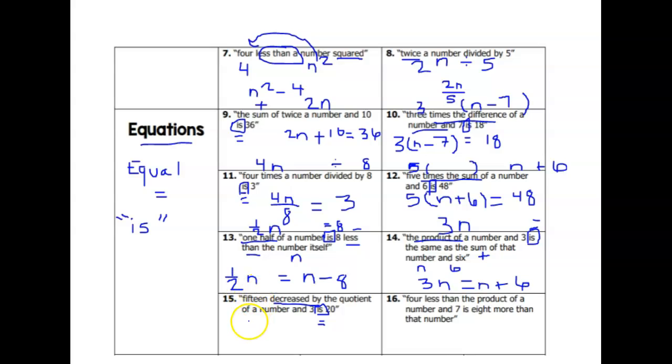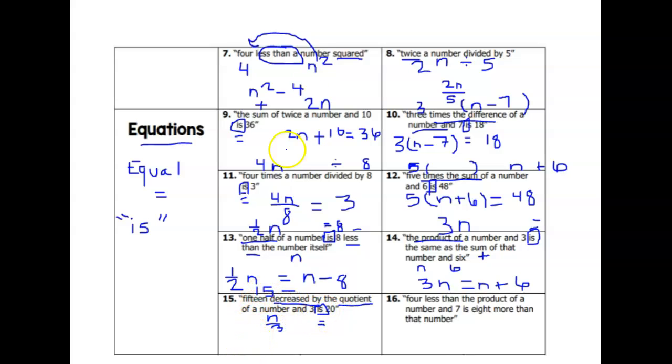I am taking 15 and I am going to decrease it by, so subtract, the quotient. Quotient means division. So I'm dividing the number n and 3. Okay, so n over 3. And that should equal 20.